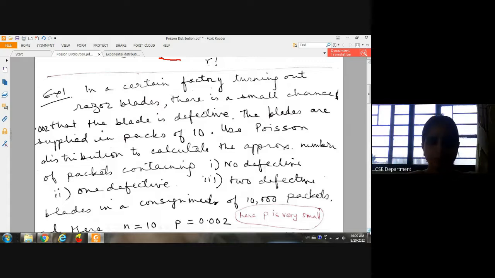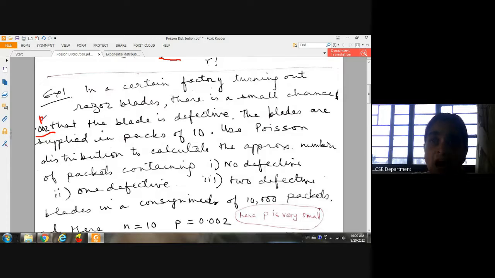Okay, first let us see here how to find. Here they have said the chance of turning out a defective blade is 0.002. So as soon as you read this question, okay, p is 0.002.